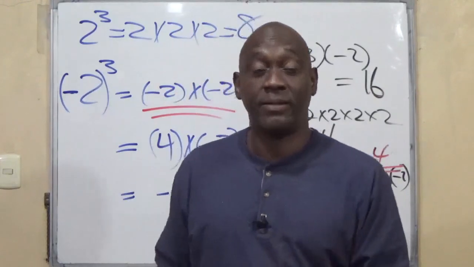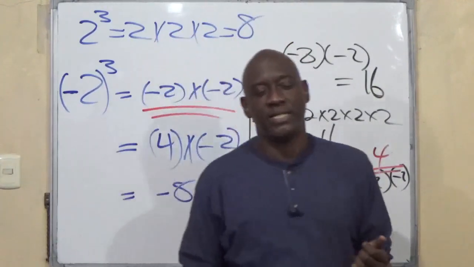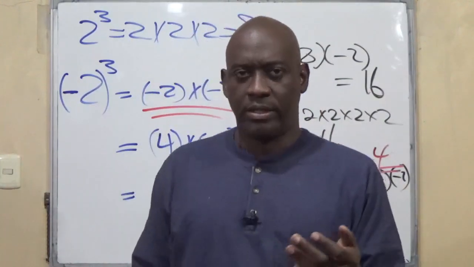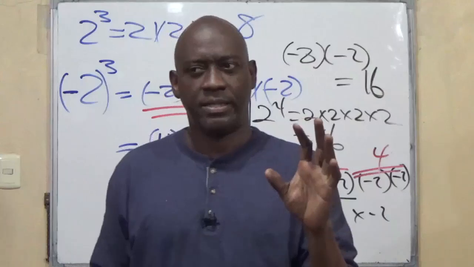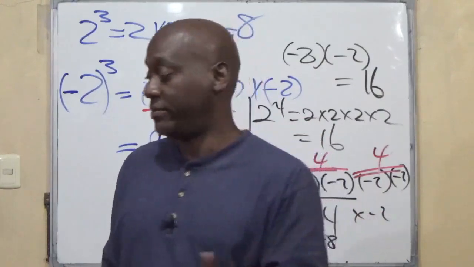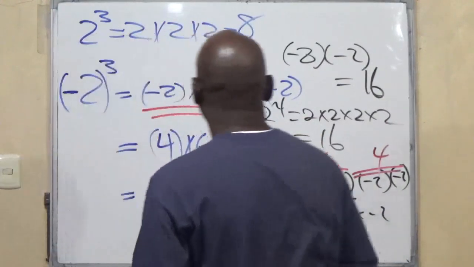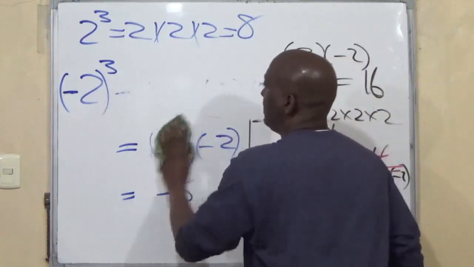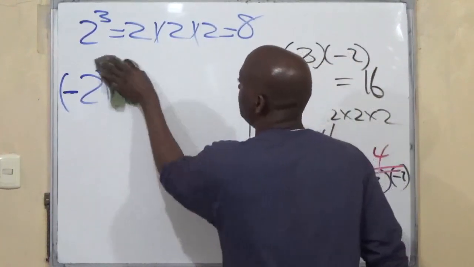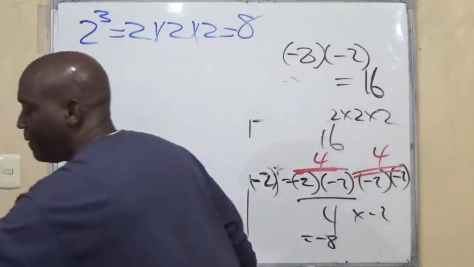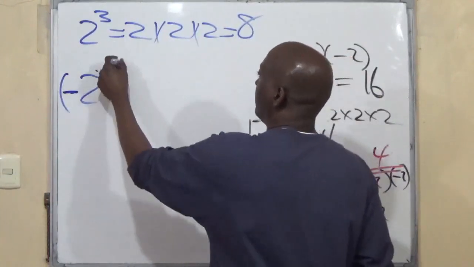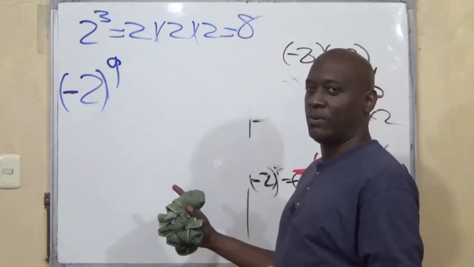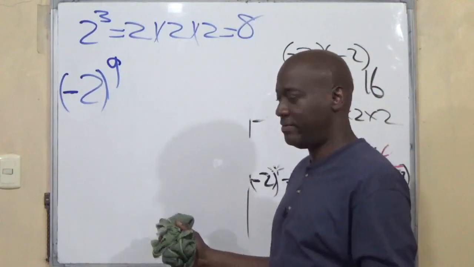Which then begs the question, how do we differentiate between a circumstance where the answer is negative or positive? So in other words, do I have to go through this whole lengthy process if instead of 3 I had minus 2 to the power 9? Can I look at that and know whether the answer will be positive or negative?